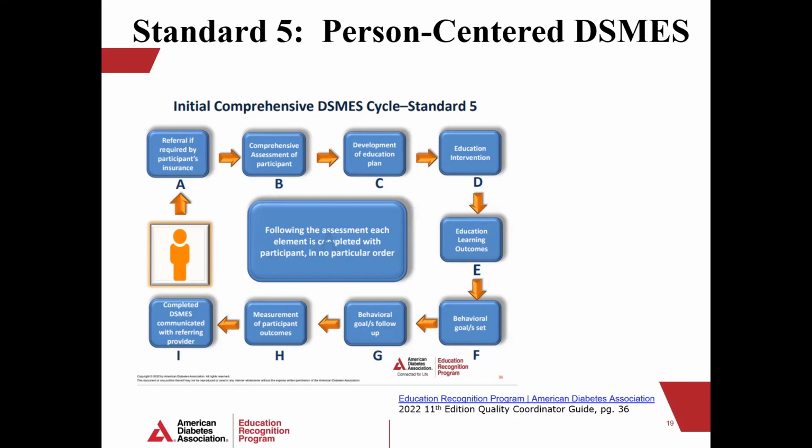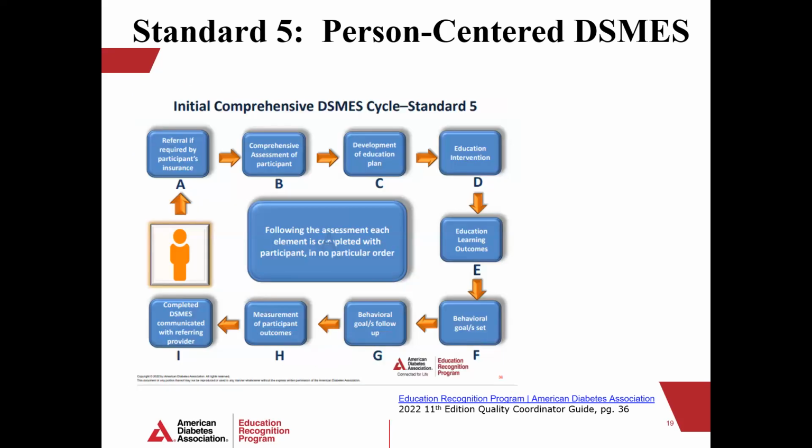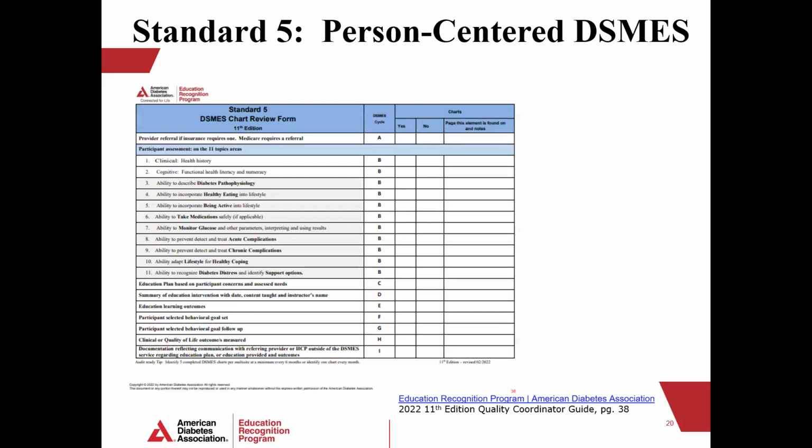To go along with this pictograph is this review form. A, that was just illustrated here, is the referral. B includes all of the elements of the assessment. And this helps to identify, are there any modifications that you need to make to meet this comprehensive assessment requirement?